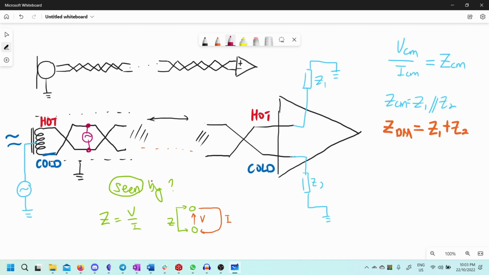So that is why the common mode impedance is Z1 parallel with Z2. It's to do with how the current flows. And I guess the key thing to take away here is that differential mode and common mode are really just terminologies that we use to name impedances that are present in this sort of a differential signaling scheme.